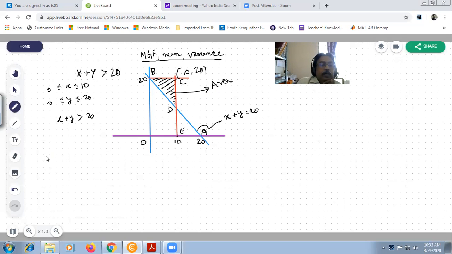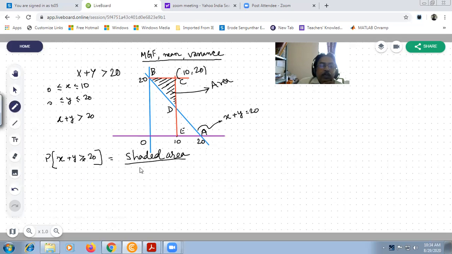So P of x plus y greater than 20 is equal to the shaded area by the total area. It is not greater than or equal to, it is only greater than.